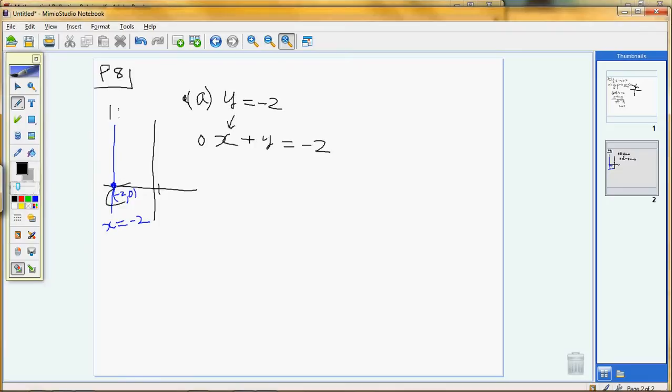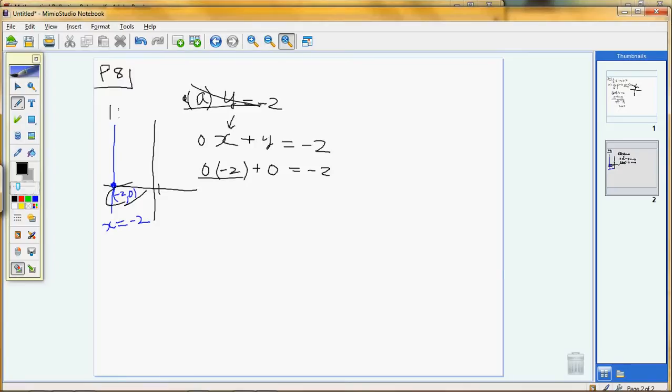And we use this point to test. Let's plug that in. 0 times negative 2 plus y, which is 0 in this case, is it negative 2? No, because 0 plus 0 is not negative 2. So it doesn't match with this equation.